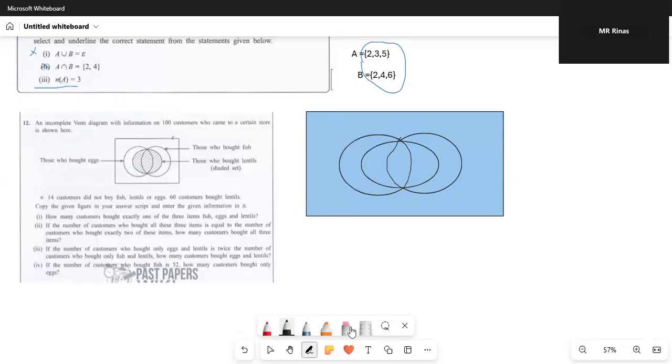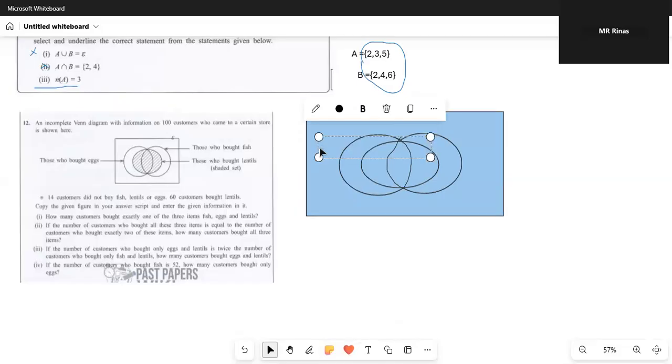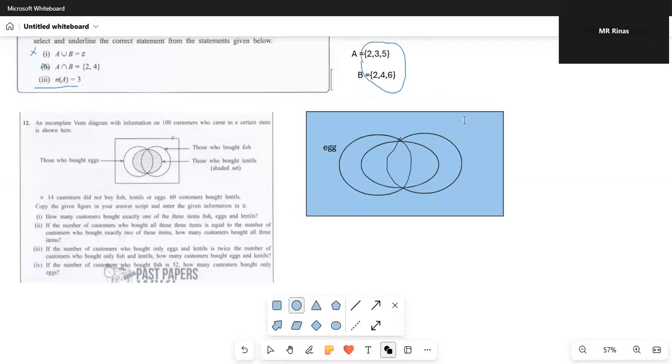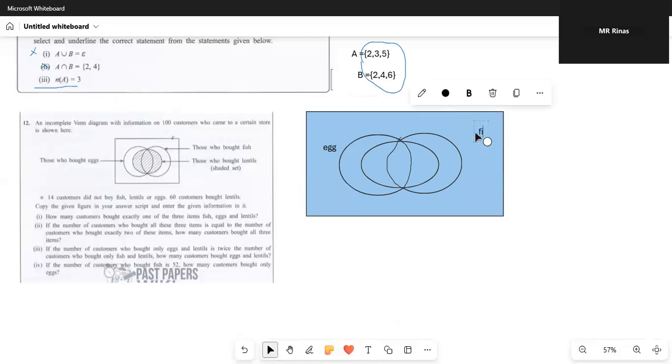Okay. And then they have mentioned this part is for egg, and this another circle represents fish, and there is another circle, it represents lentils.